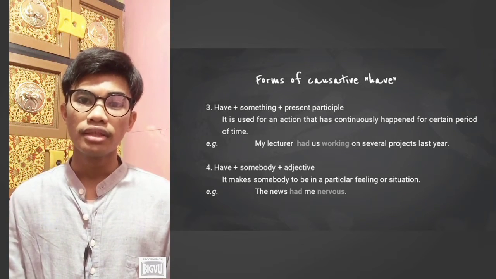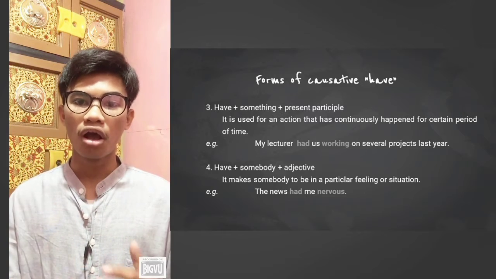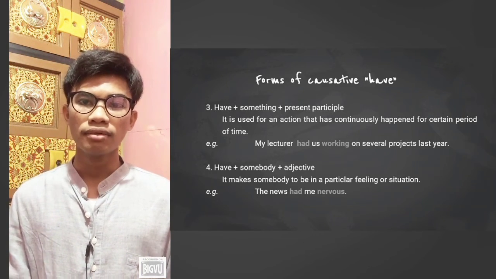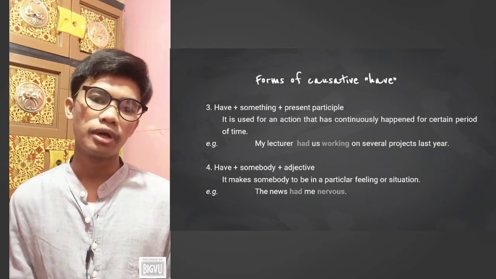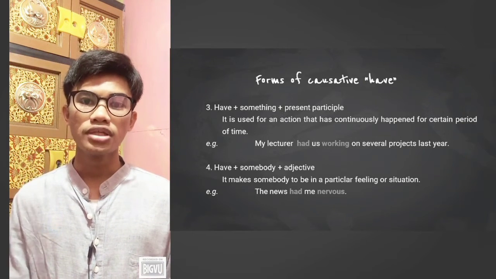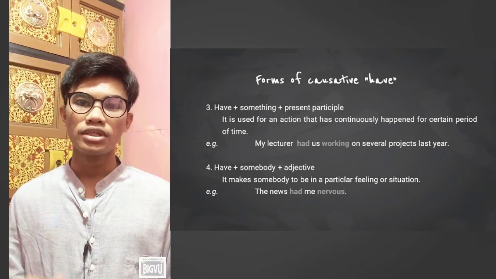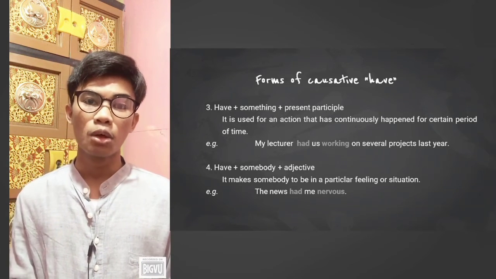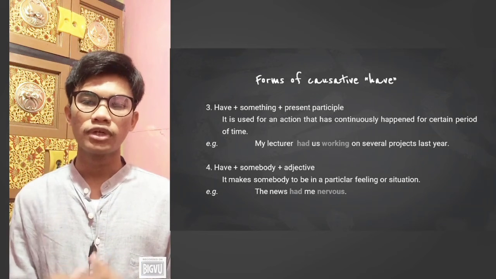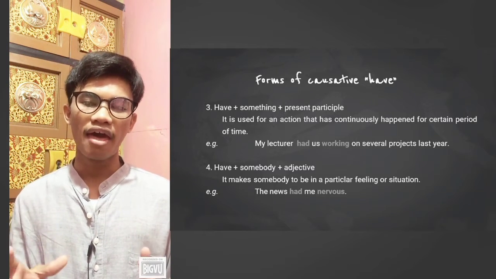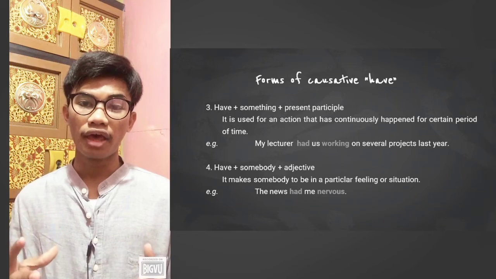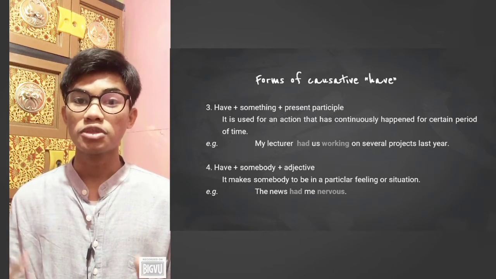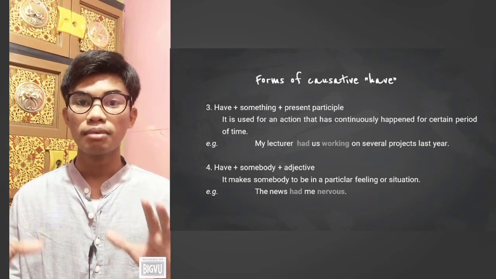I think that's all the forms of the causative verb. But we have to keep in mind that the causative verb is also formed with many types of sentences. For example, I have my sister close my room is a simple tense.